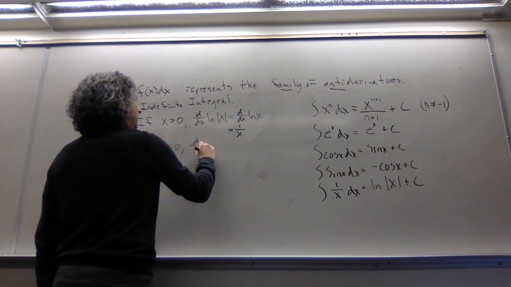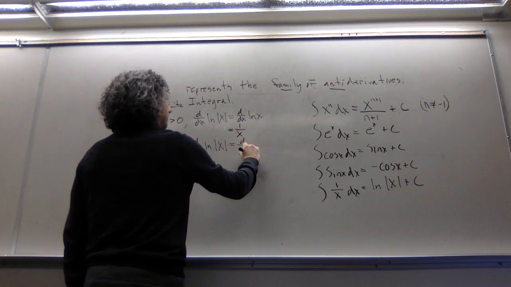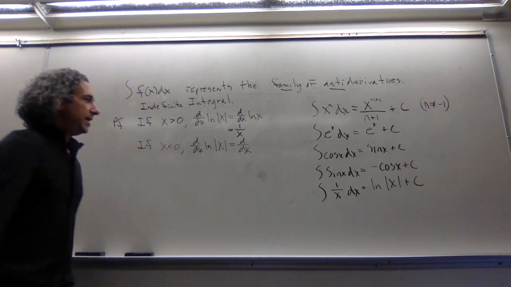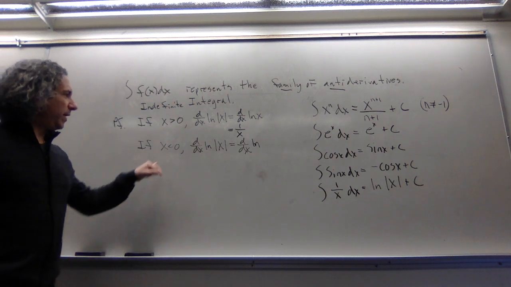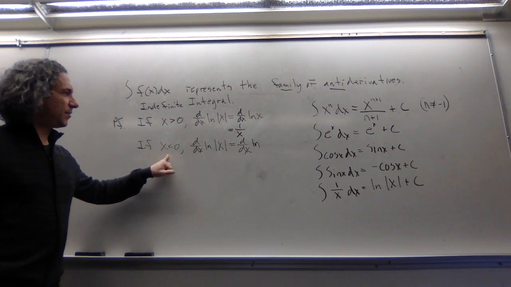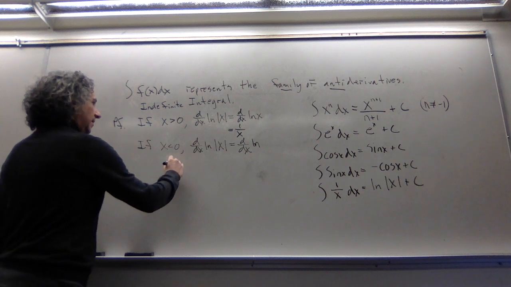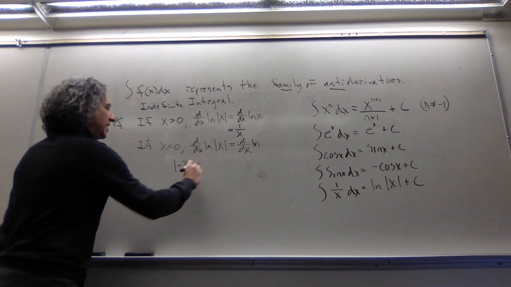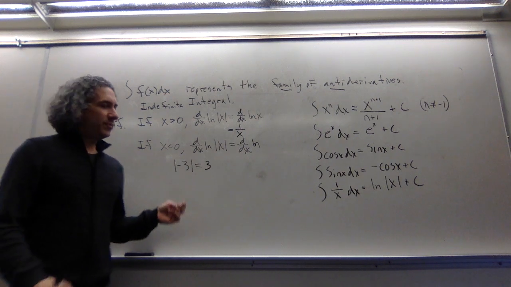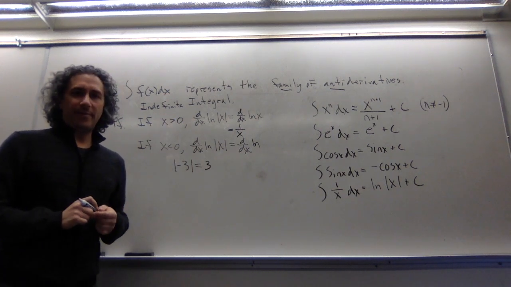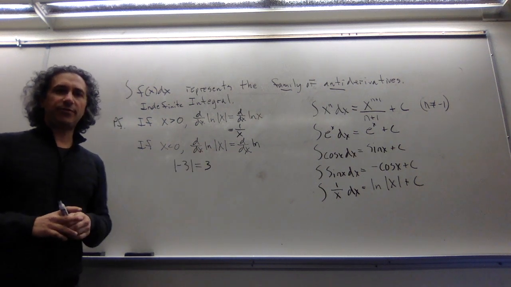If x is less than 0, the derivative of the natural log of the absolute value of x is the derivative of the natural log of what? Well, what happens if x is less than 0? What does the absolute value do to that? Well, let's take a look. If I have the absolute value of -3, I get out 3. But saying I get out 3 isn't very mathematical. What exactly am I doing to the -3 to make it turn into a 3?